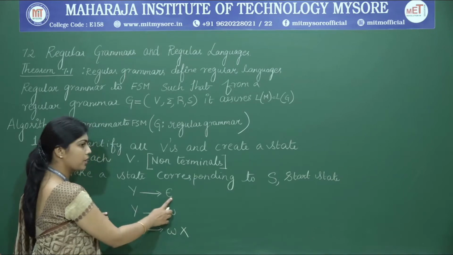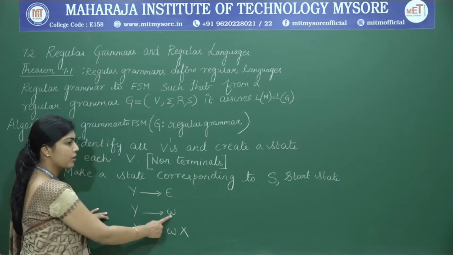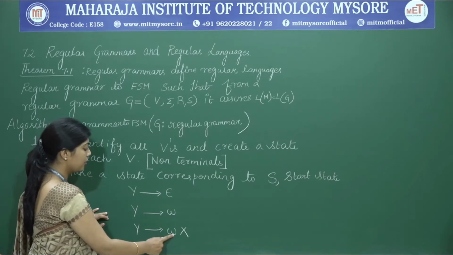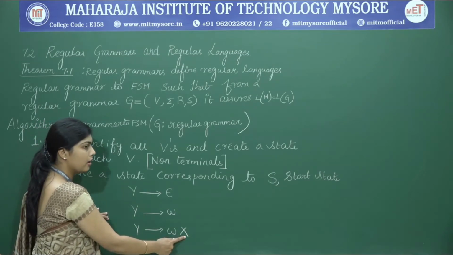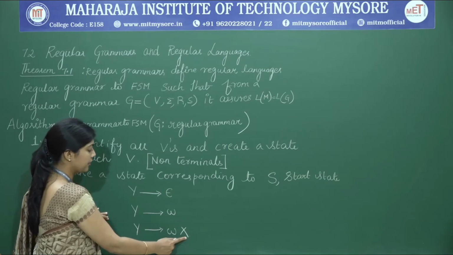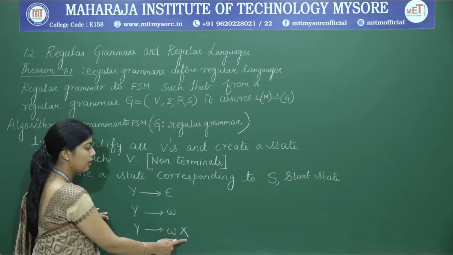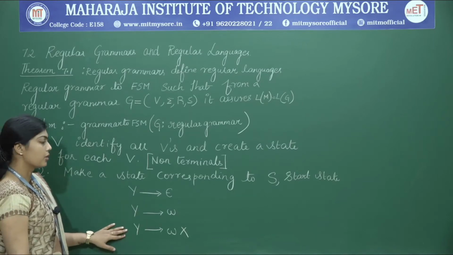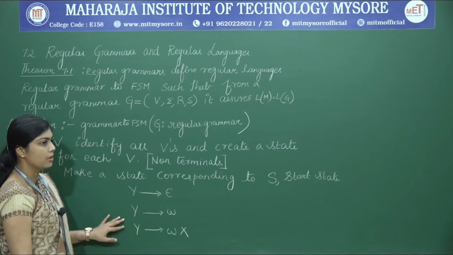So, Y goes to epsilon, or Y goes to a single terminal symbol, or Y goes to a single terminal symbol followed by a non-terminal X, which is represented as a capital letter. Once we have these three kinds of productions, what actions are we going to take?